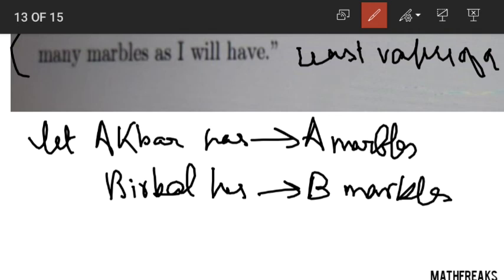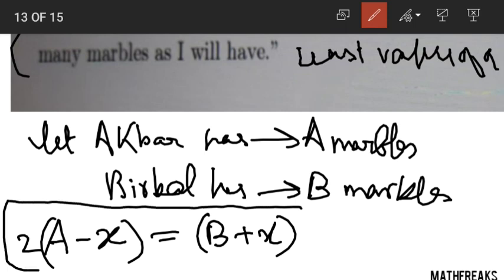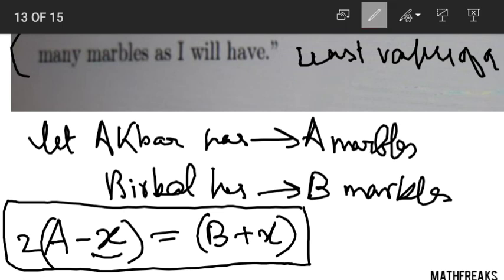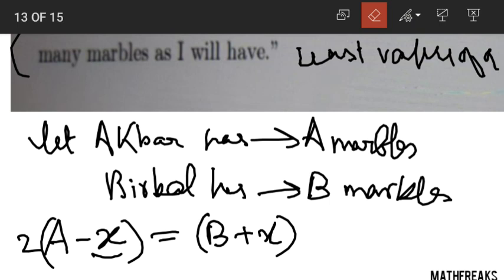Akbar says to Birbal that if Akbar gives some marbles to Birbal, then Birbal will have twice as many marbles as Akbar. So this is what this statement says. So I assume that the number of marbles that Akbar gave to Birbal is some x, and when Akbar gave Birbal x, then Birbal had twice as many marbles as Akbar had.